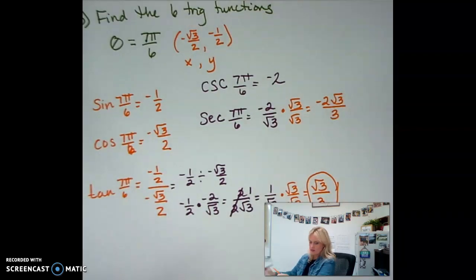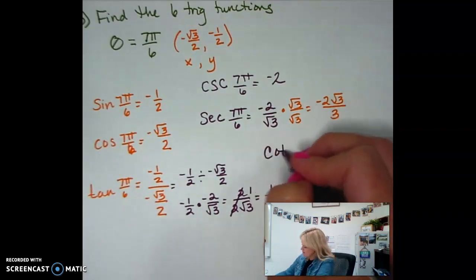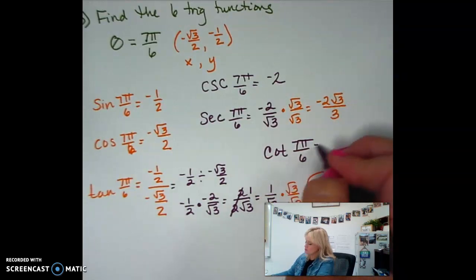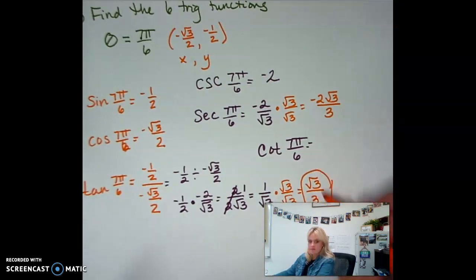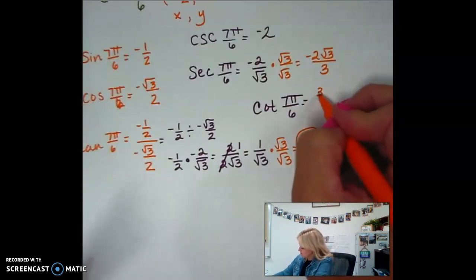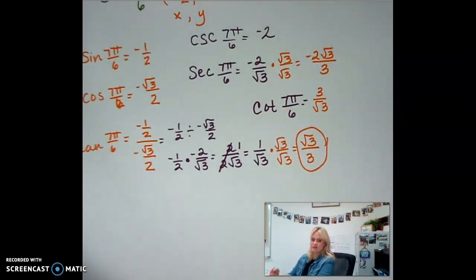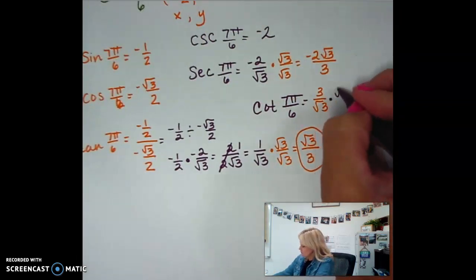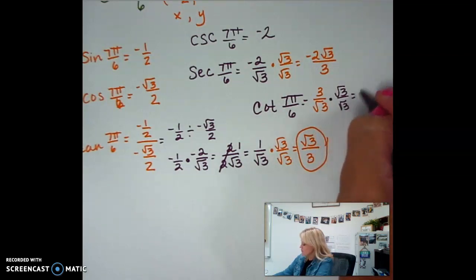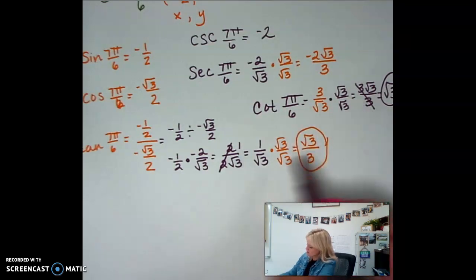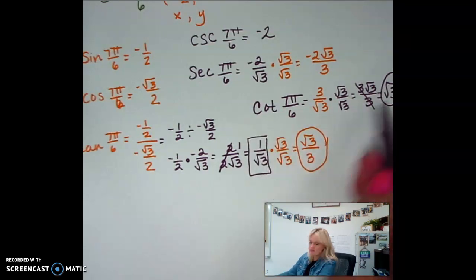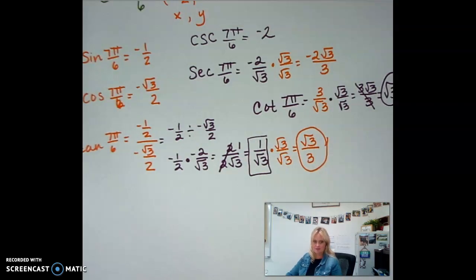The cotangent then is taking, and either going through this whole long process again, or if you can't remember, flip the reciprocal. However, you have to rationalize, and when I do that, I end up with 3 square roots of 3 over 3, and I can divide these numbers with each other, and I get just the square root of 3, which, if you remember, before I rationalized, I could have flipped right away and saved some work.